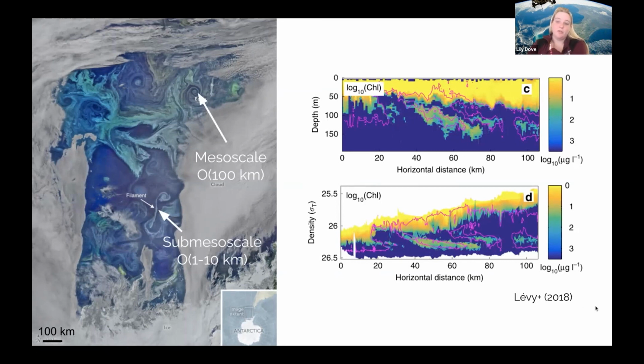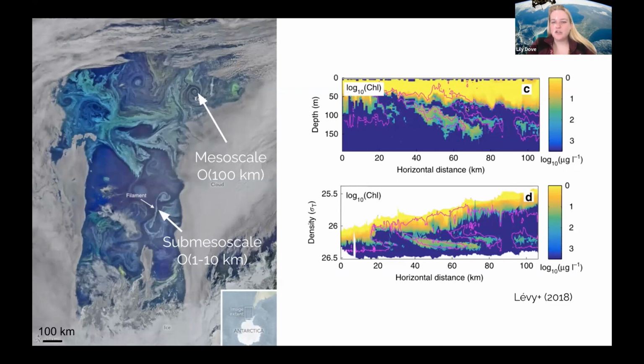This is a really beautiful image from one of Marina Levy's recent papers. And plotted on the top is distance across a front, a submesoscale front, looking this way, then depth on the y-axis. And in the color is chlorophyll. So brighter yellows mean more chlorophyll.